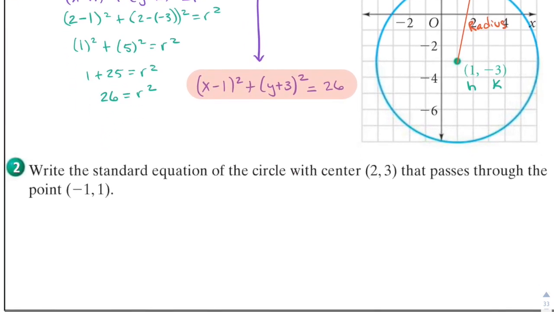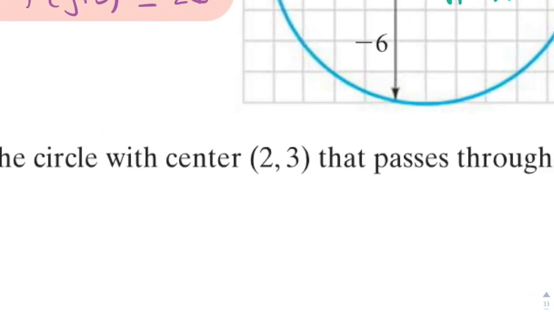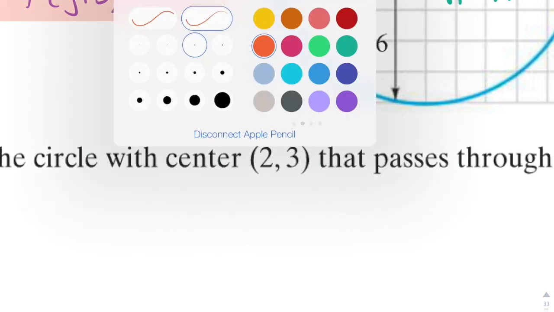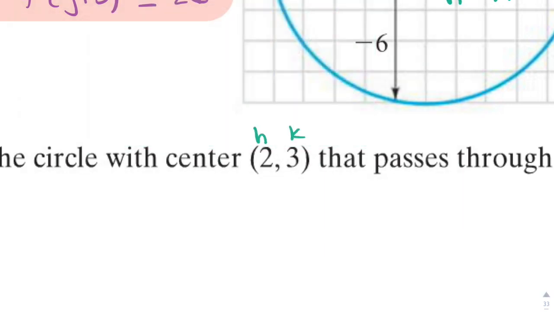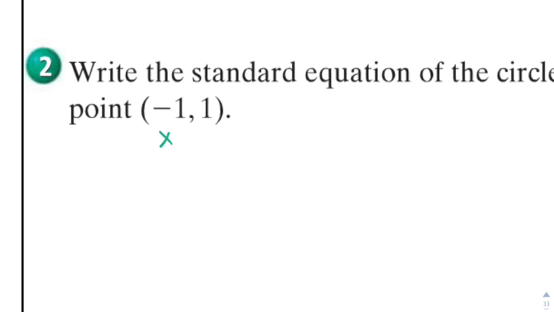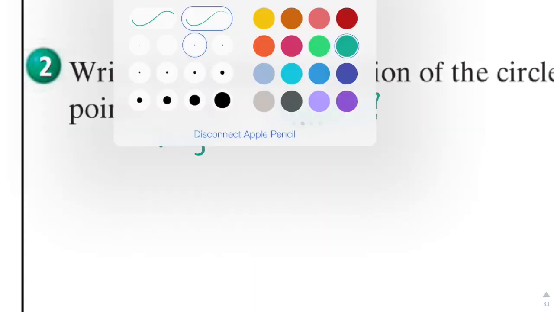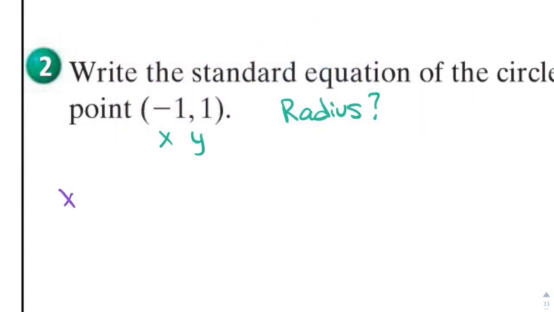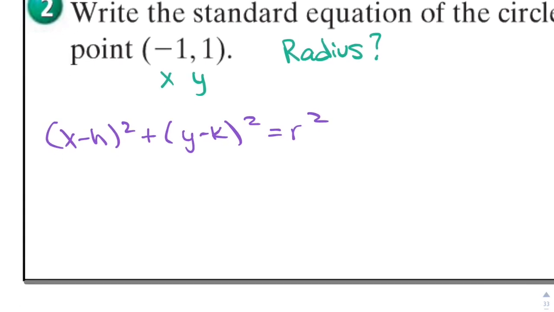All right, you're going to do the same for this one. So let's label the center as h and k, and it passes through the point on the circle, which is x and y. I don't know my radius. I need to find my radius. So using x minus h squared plus y minus k squared equals r squared, I can solve for r squared.